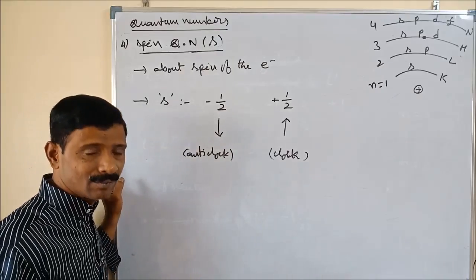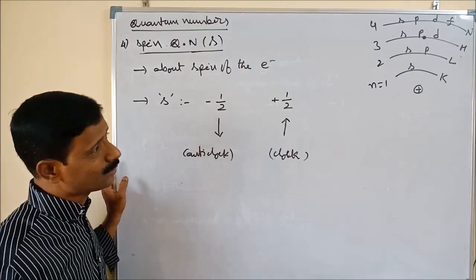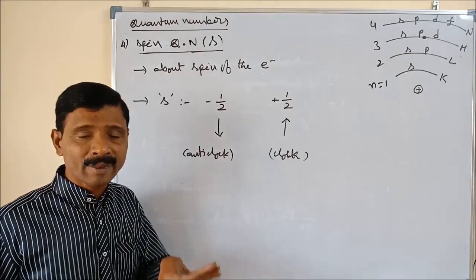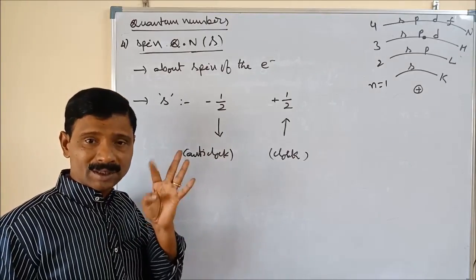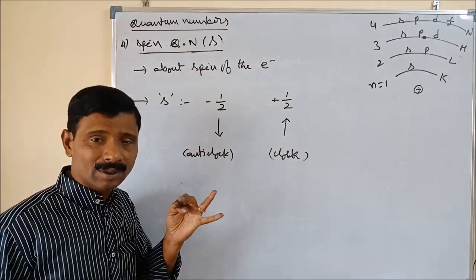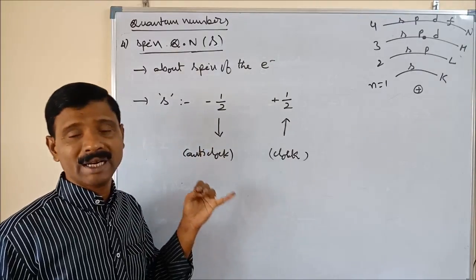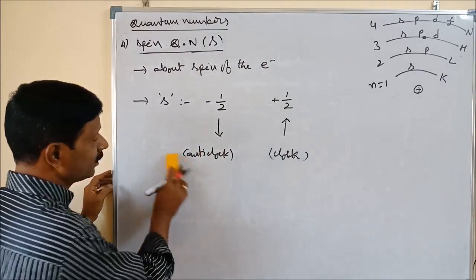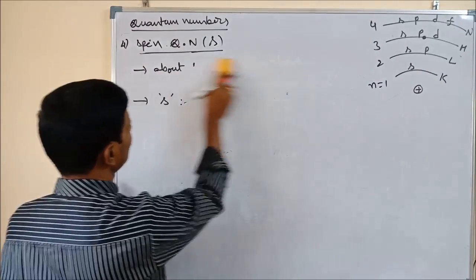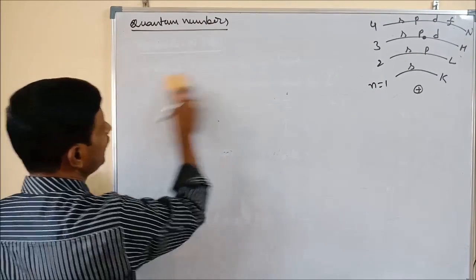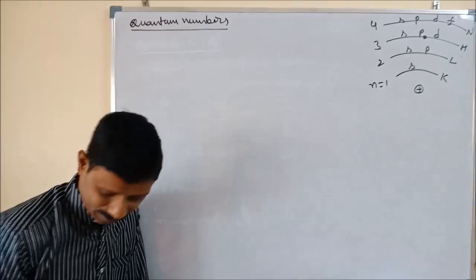So this is the fourth quantum number. Like this we have mainly four quantum numbers: principal quantum number, azimuthal quantum number, magnetic quantum number and spin quantum number.